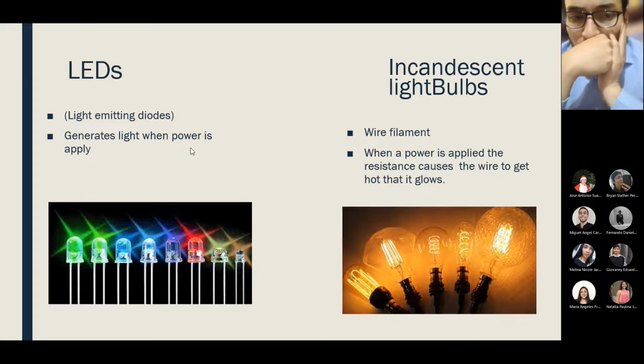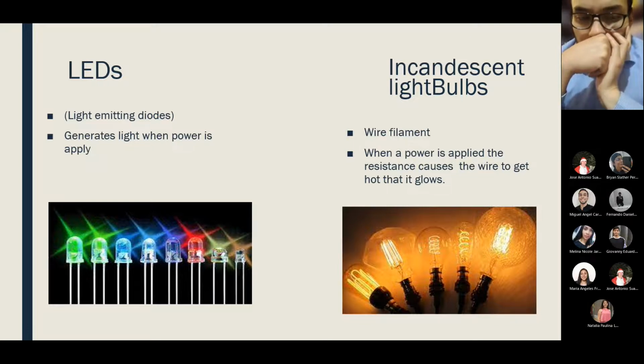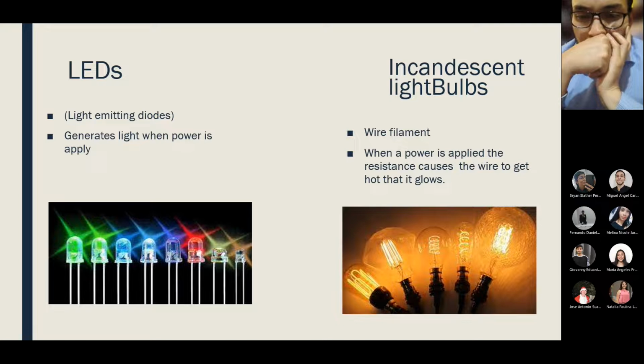Now, with LEDs, which are light-emitting diodes, there's some stimulus with the power, so it's like a little discharge, which we can see as light. One of the benefits of LEDs, as we know, is that they don't really get hot, and they are a little bit more power efficient, energy efficient.